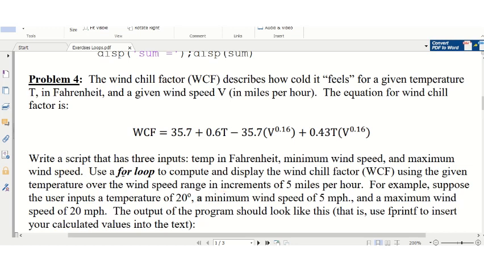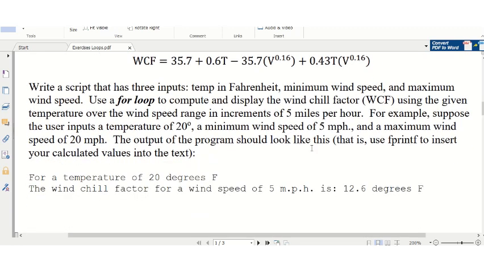For example, suppose the user inputs a temperature of 20 degrees. The wind speed increases with an increment of 5, starting at 5 miles per hour and ending at 20 miles per hour. So it will change 5, then 10, then 15, then 20.